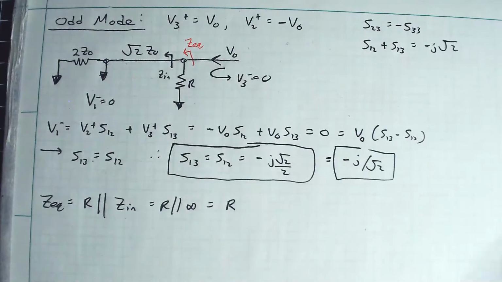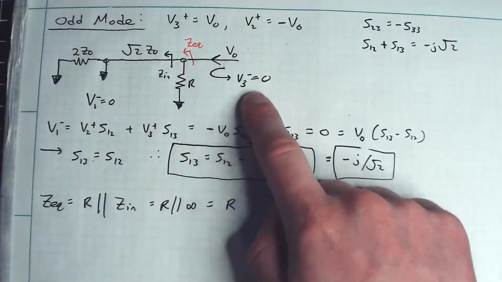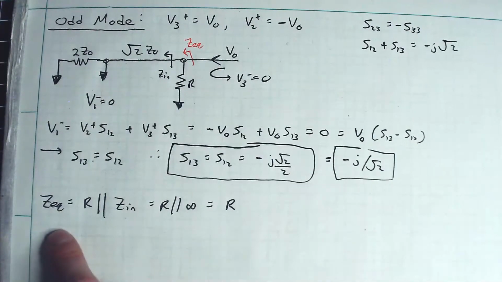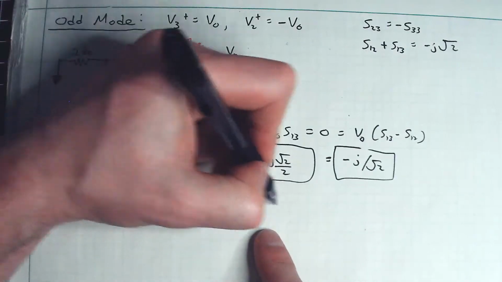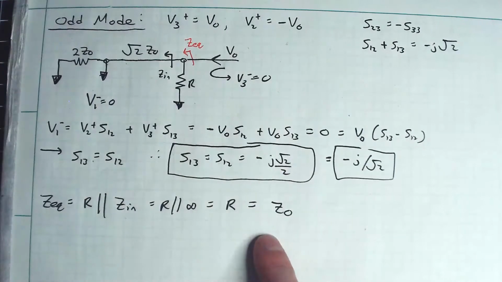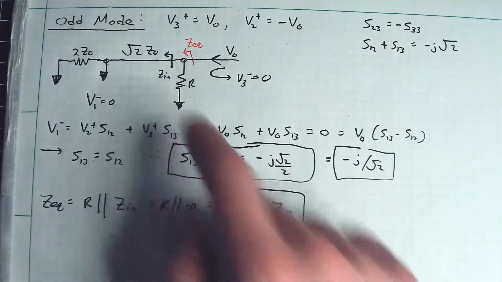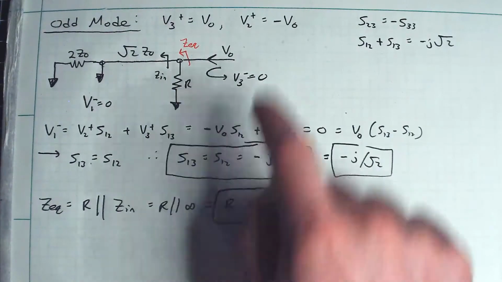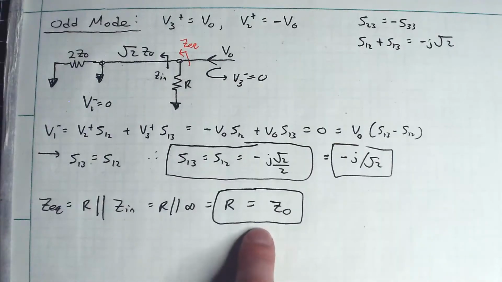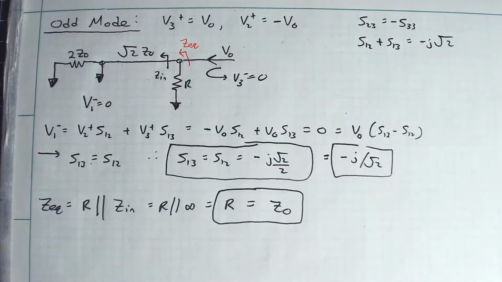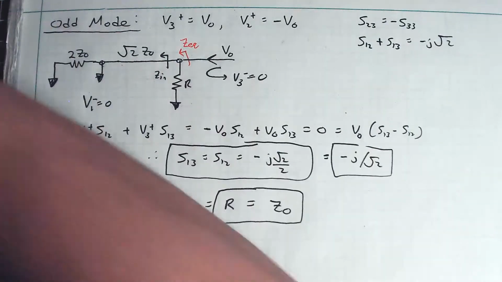So what I want now is no reflections. So that equivalent input impedance, I want that to match the characteristic impedance looking in. So that is now my ideal choice for this resistor. That will guarantee no reflections for the odd mode excitation, and we also found that I've got no reflections for the even excitation as well. So this also has some important ramifications.